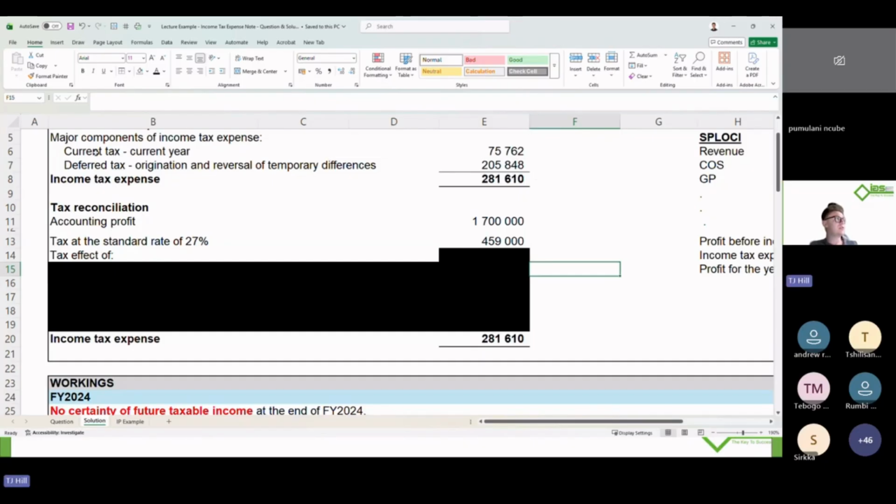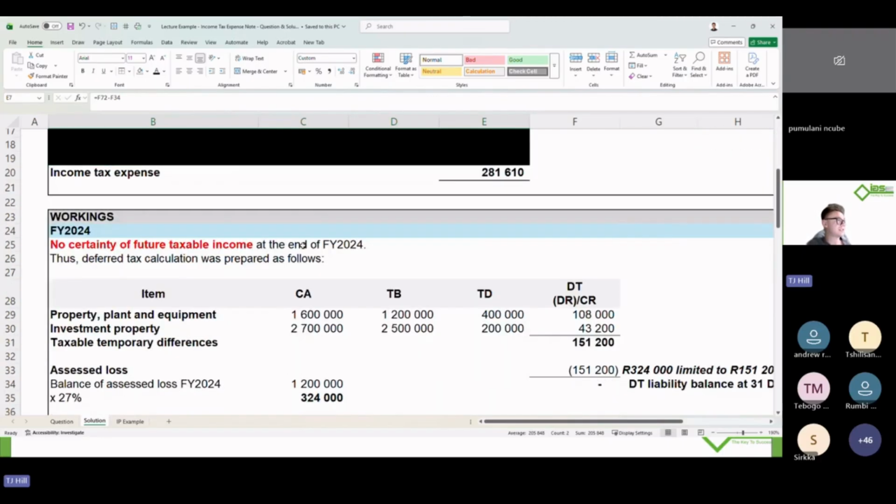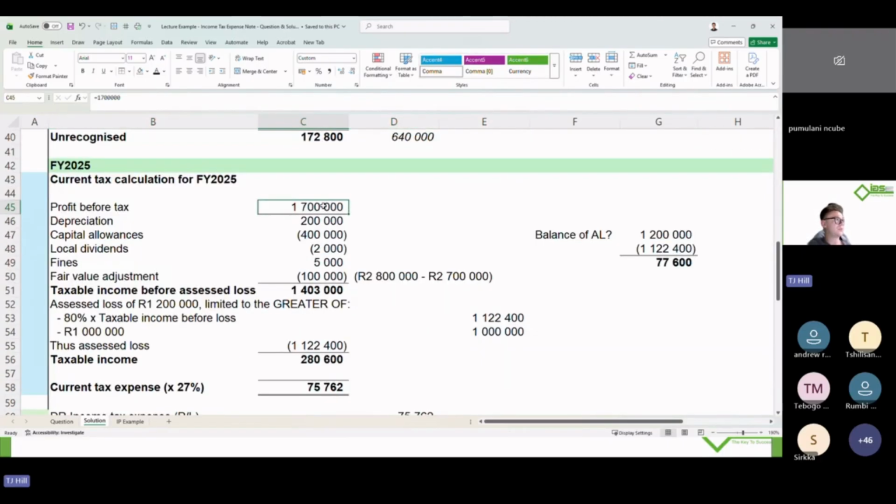Because there's no current tax impact on it, or you've adjusted it for current tax, but you've not gone and created a deferred tax consequence for it as well. Meaning you've made the adjustment only in your current tax calculation, but you made no provision for it in deferred tax. That means it's permanent. Because when you did your current tax calc, you took your profit before tax and made adjustments to it. Some things are permanent and some are deferred.